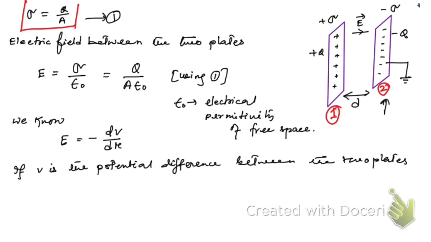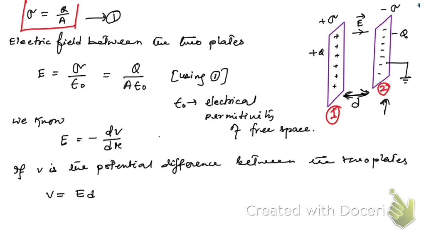Here the distance between these two plates is d and the electric field is E, so the potential difference V is given by E into d. Instead of dr we have small d, because from this expression the magnitude of dV is equal to E into dr. Hope you have understood this.